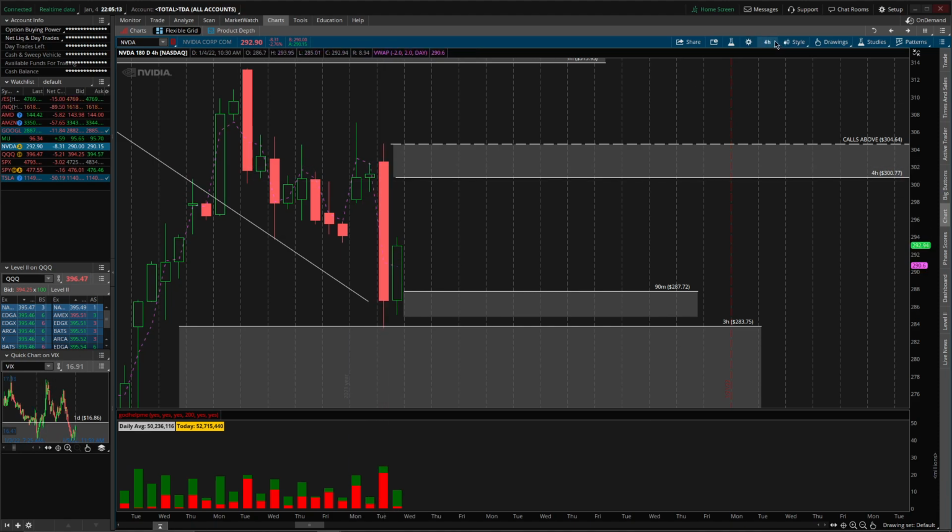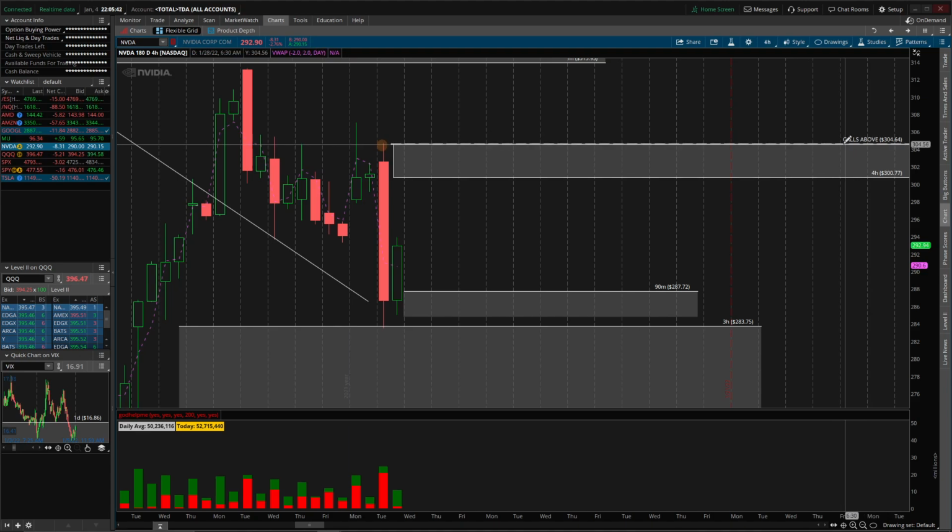And luckily for us, on the 4-hour, there's already one right here. So what I went ahead and did is I took the opening of this green candle, which was 377, and that was the start of that supply zone, and then right here is basically the price where that supply zone ends for me.